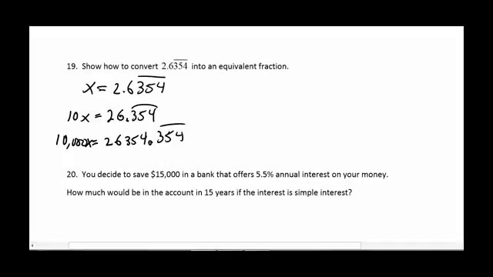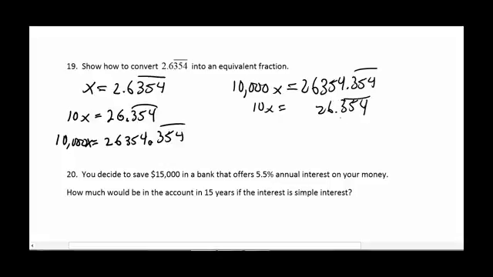All right, so then I want to subtract the two pieces that line up. 10,000x is 26354.354 repeating, and 10x is 26.354 with that piece repeating.